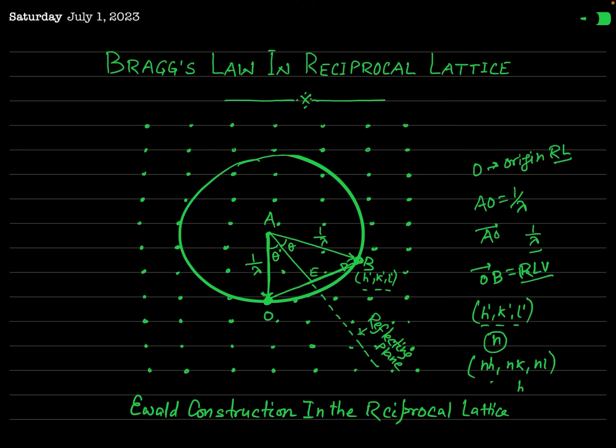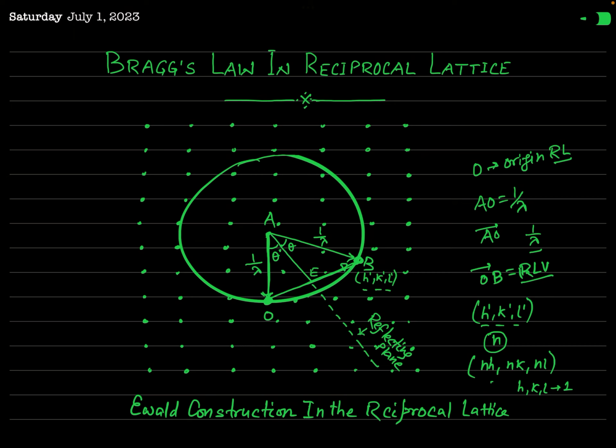If you want to define a common factor for the numbers h, k, l, that will be simply equal to 1. So you can say that these hkl do not have a common factor other than unity.